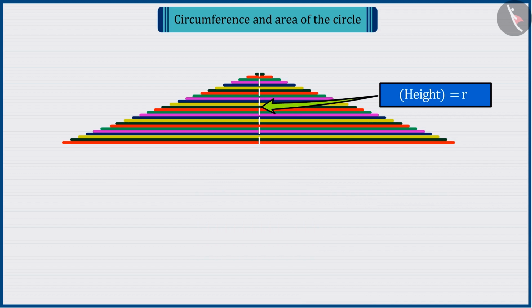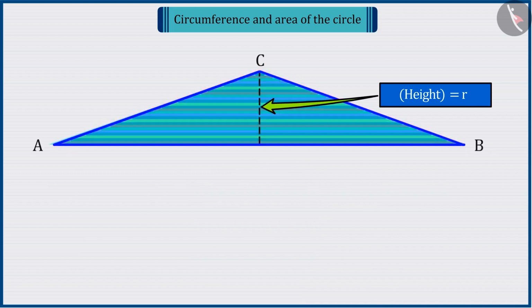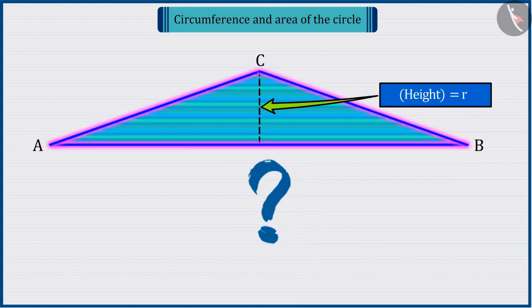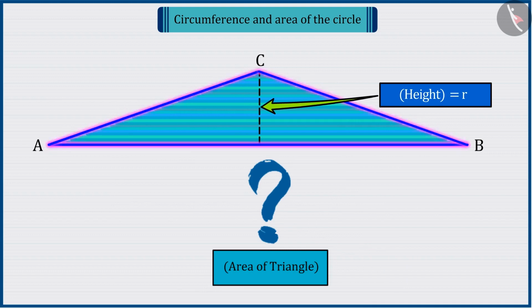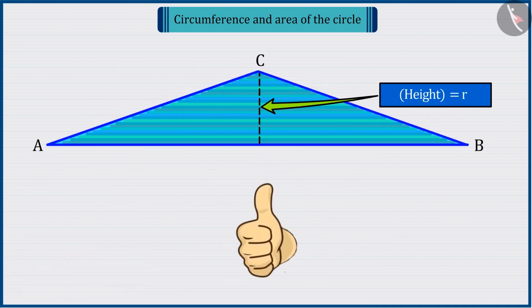Observing this shape carefully, we can say that this shape is a triangular one. So can you tell how we can find the area of this triangular shape? Well done!